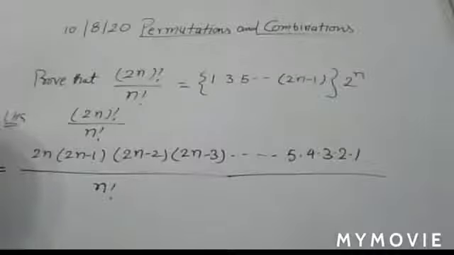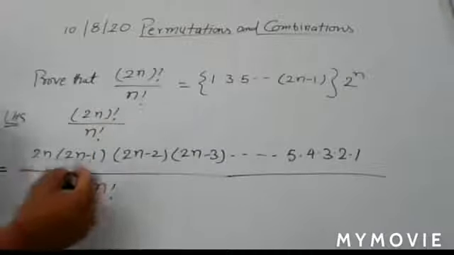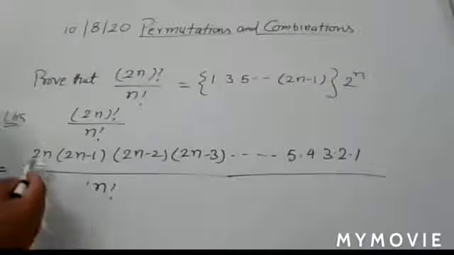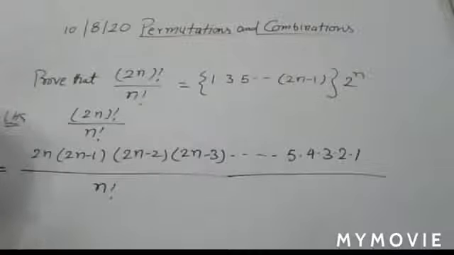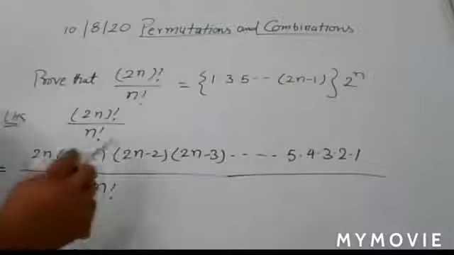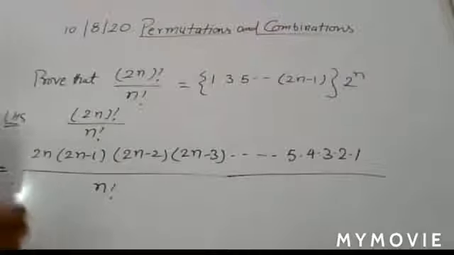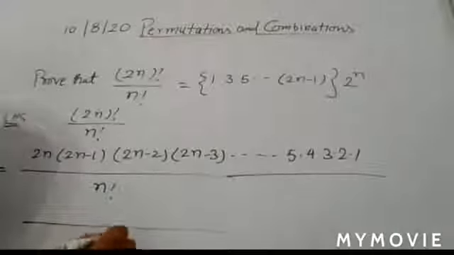So how many natural numbers are there? N. So if you have here 2n factorial, that gives the continued product of 2n natural numbers. Understand? So number of terms are 2n, in which n terms are even and n terms are odd. So you have to take 2 common from each of the even terms.